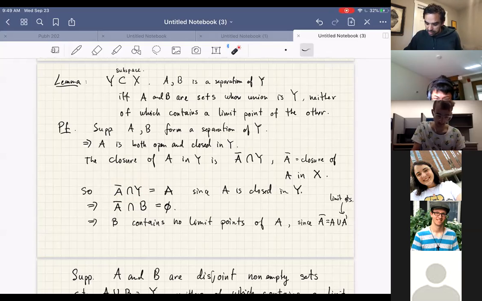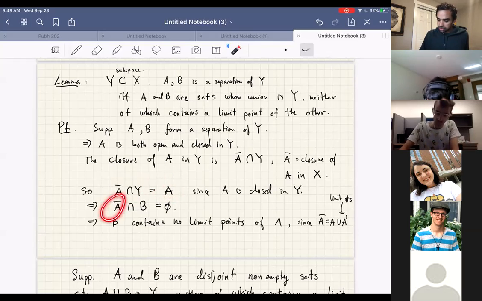So this implies that, since the intersection of A and B is empty, the intersection of the closure of A in X with B is also empty, which means that B contains no limit points of A. Remember, the closure of A is given by the union of A together with all its limit points.